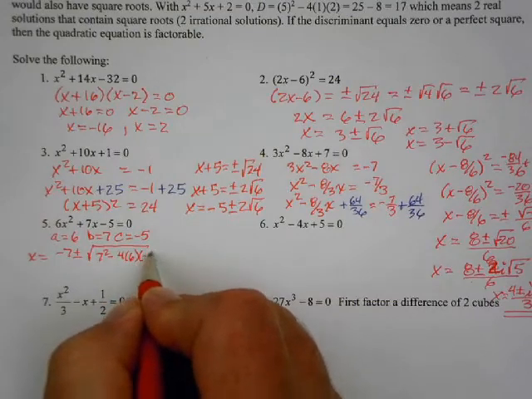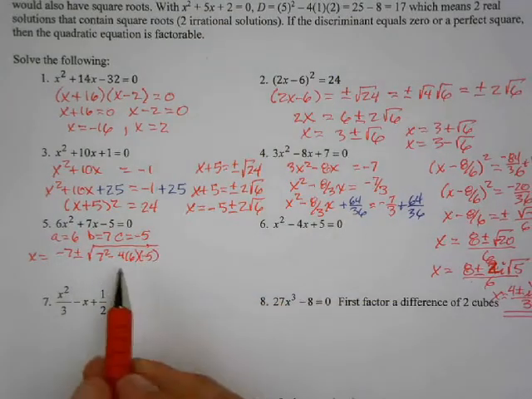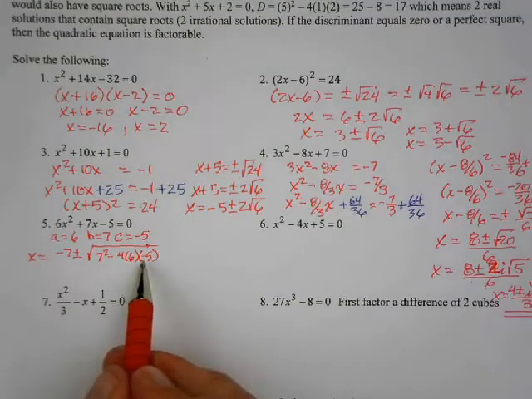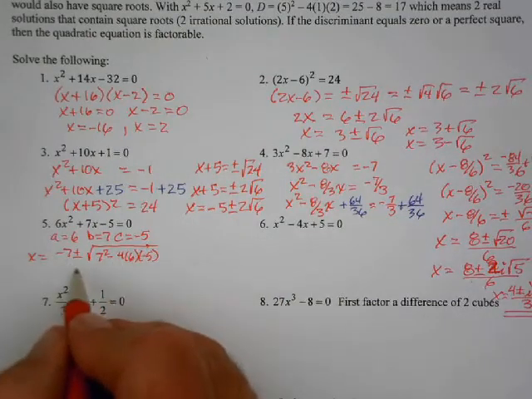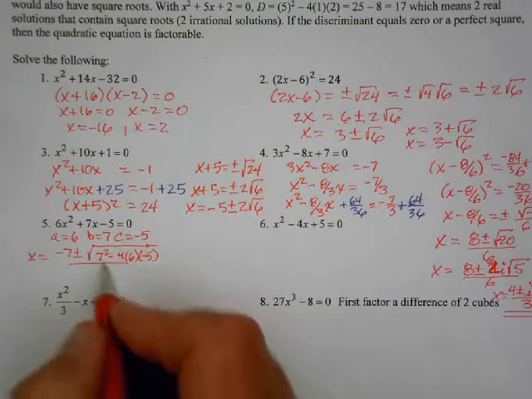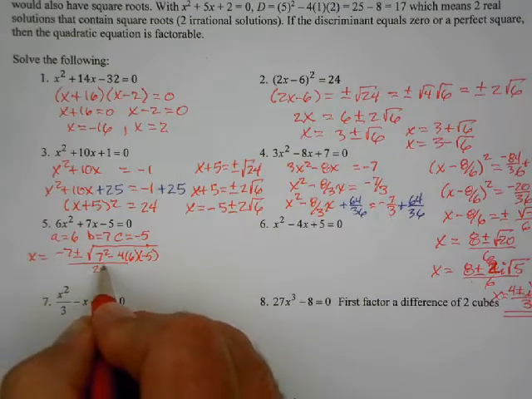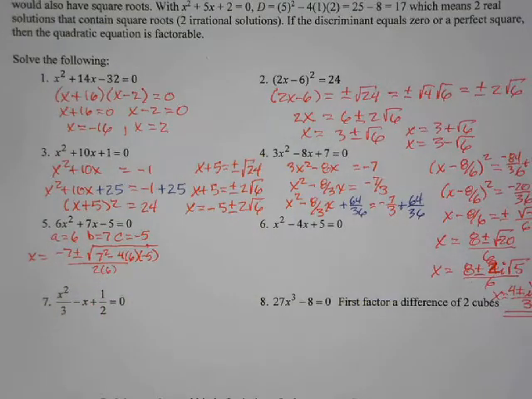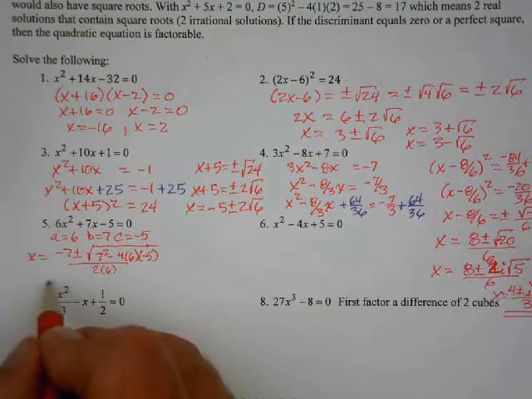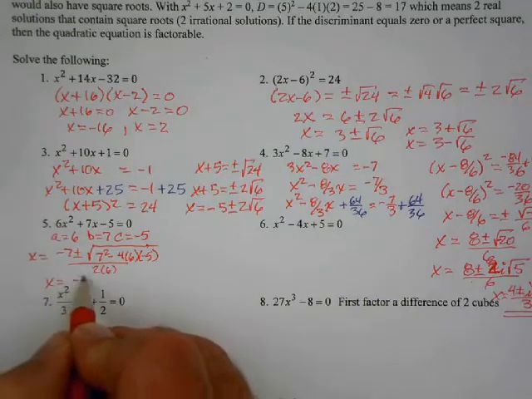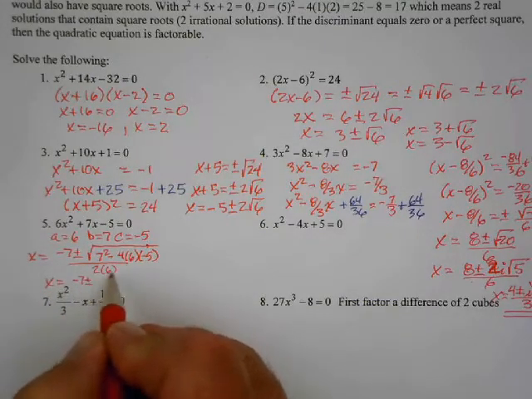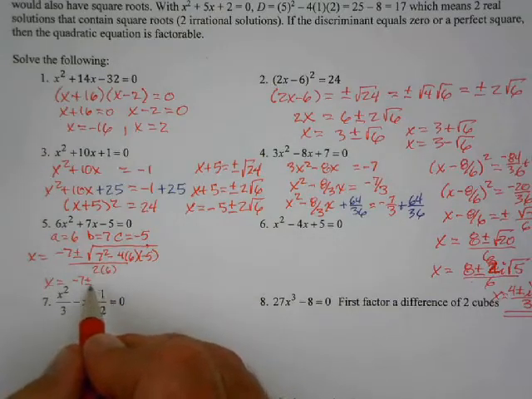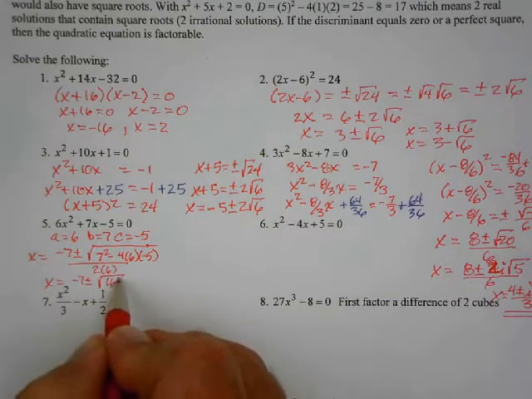Those are going to cancel and give me a positive and add. And then here, 2 times the 6. So this ends up being negative 7 plus or minus. Turns out everything in the middle there equals 169. And all of that is over 12.